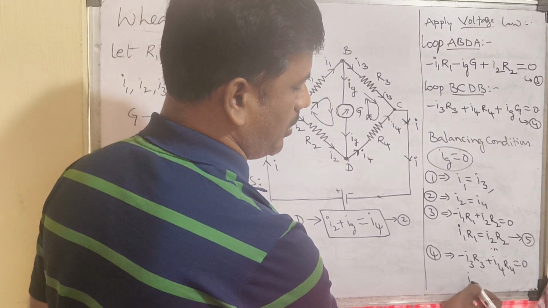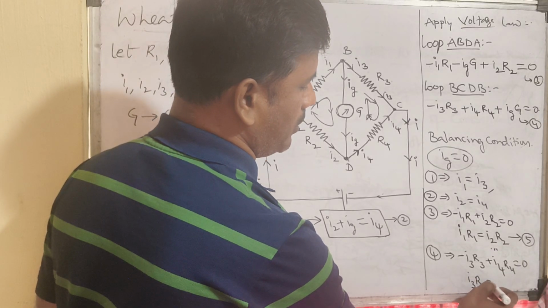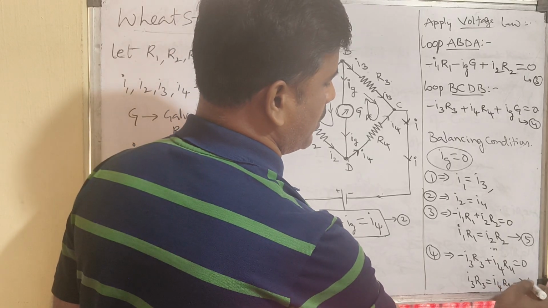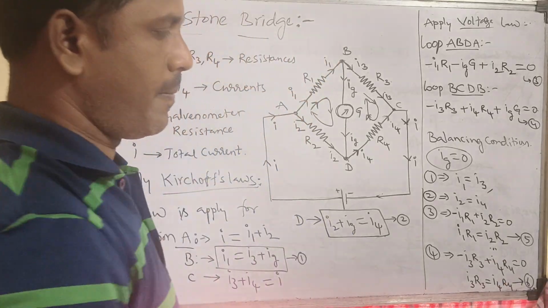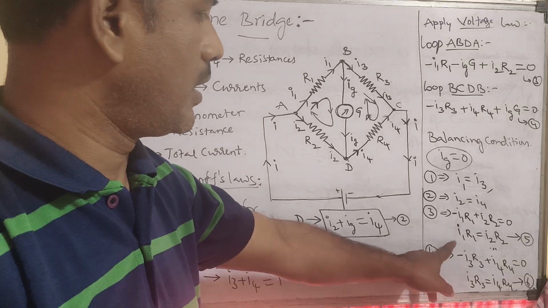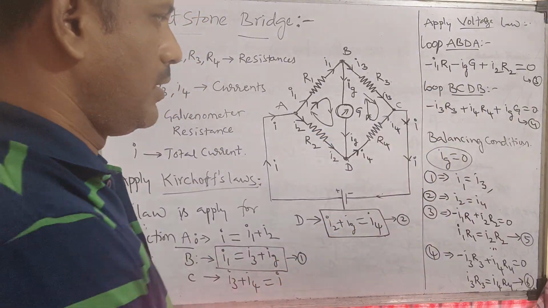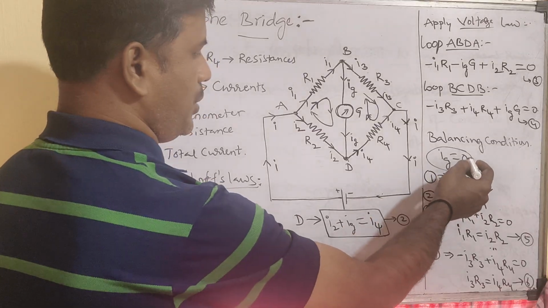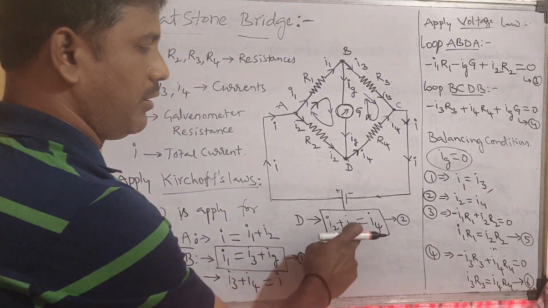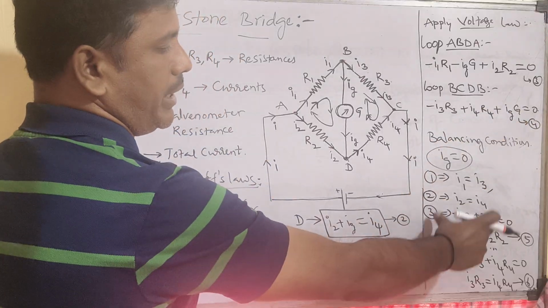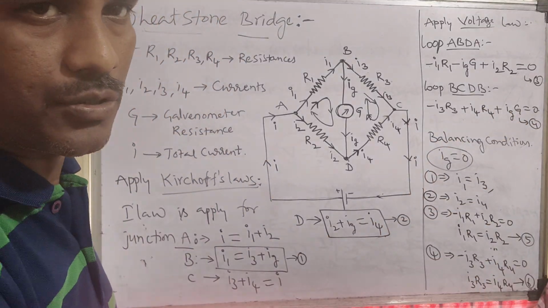So I3 R3 is equal to I4 R4. This is equation number 6. Understood? Only this, Ig equal to 0, is substituted in all the equations, and the remaining equations came.